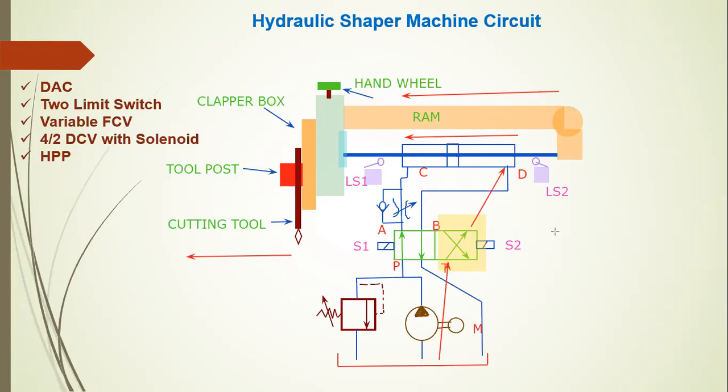Both sides of the actuation process give the reciprocating motion. In the forward stroke it cuts the metal, and the whole assembly of the clipper, toolbox and cutting tool moves in the right hand side direction. This is the return stroke.